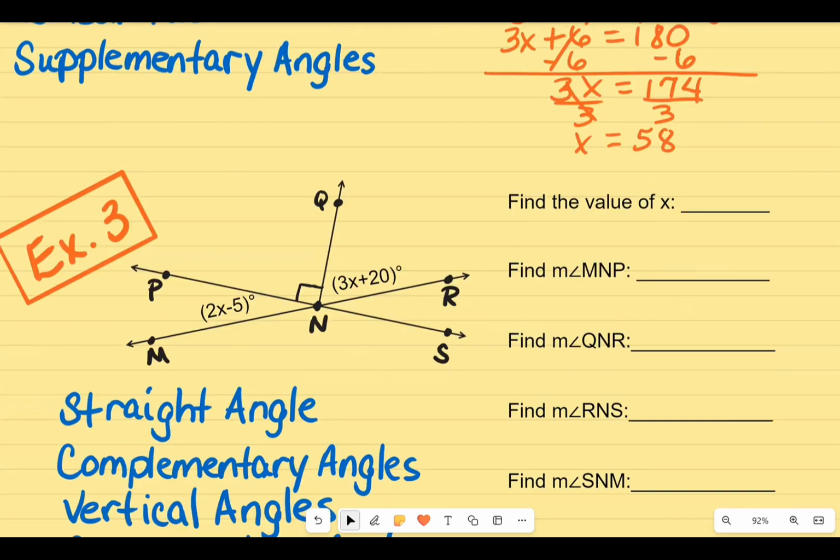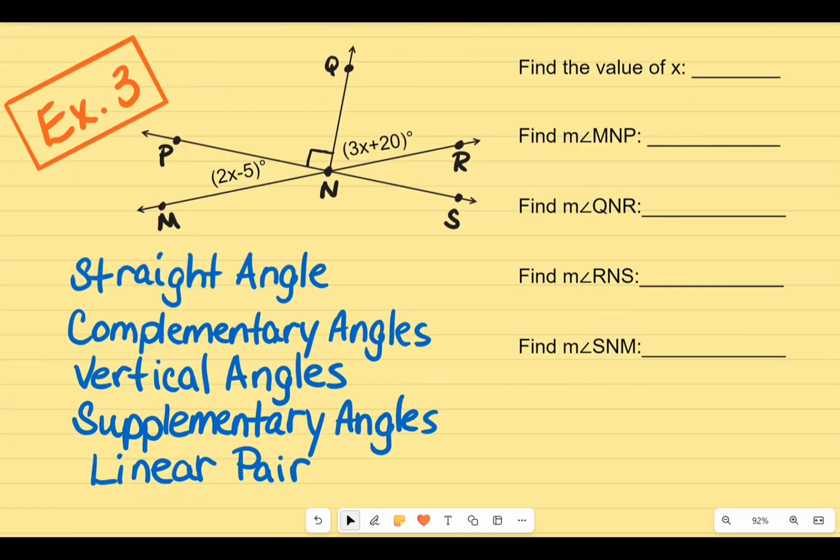For example 3, I am again asked to find the value of x, but this time I have a ton of different angles. Let me show them to you. I have a straight angle. If I add all those angles together, that's 180. I have complementary angles, so two angles added together will give me 90 degrees.